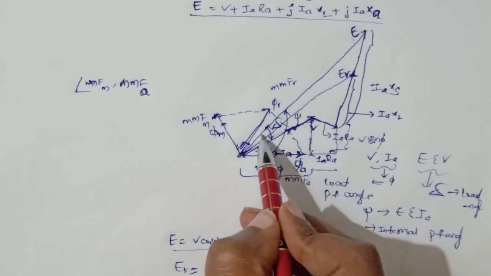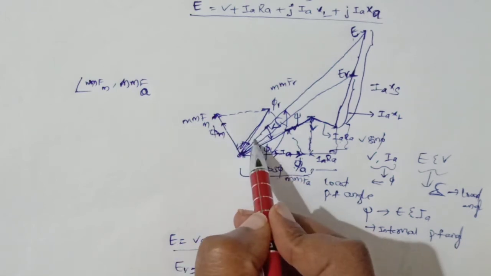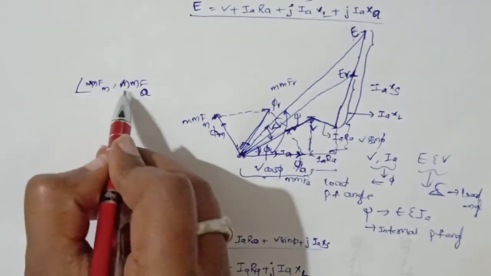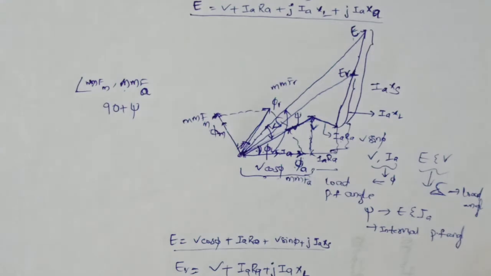Up to here 90 degrees, up to E it is 90 degrees. From the main field to here is E. From here to here is phi. So the angle between the main field MMF and the armature field MMF will be 90 plus psi.